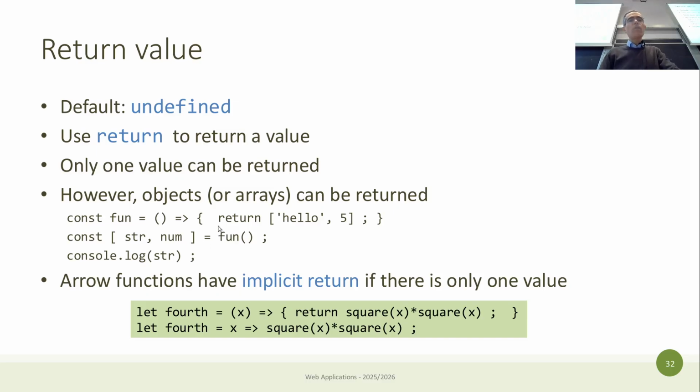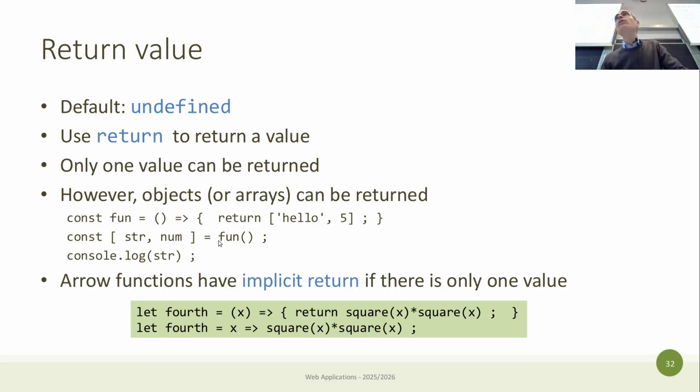And even, remember that we saw the destructuring assignment. So we can even assign everything you return in an array with a single instruction. You see this arrow function takes 0 parameters, returns an array of 2 elements, and you can assign the returned array directly to different variables defined on the fly here, str and num.